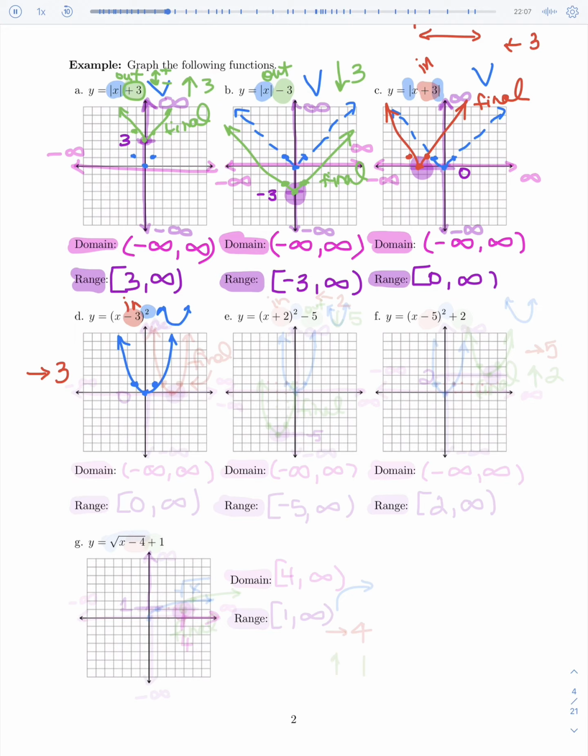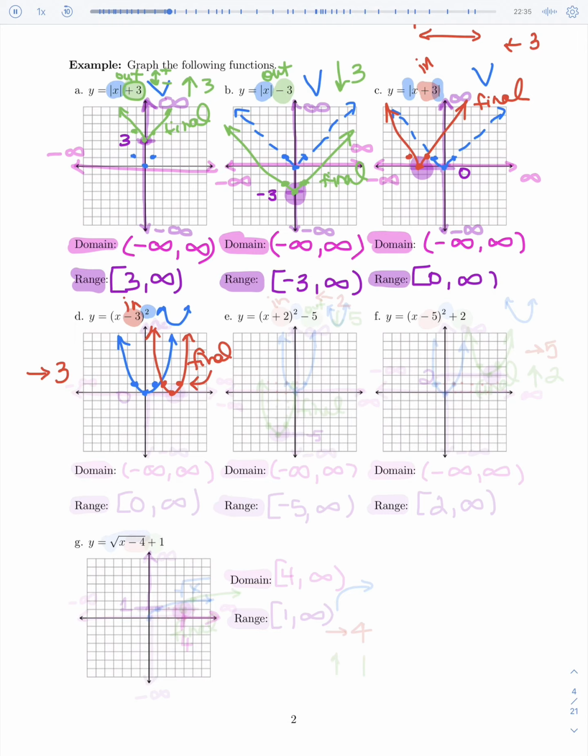So the point that was at 0, 0, moving that to the right 3 is going to be at positive 3, 0. The 1, 1 will be at 4, 1. And the negative 1, 1 will be at 2, 1. But it'll be the same U shape. And that will be our final graph, the red graph here.